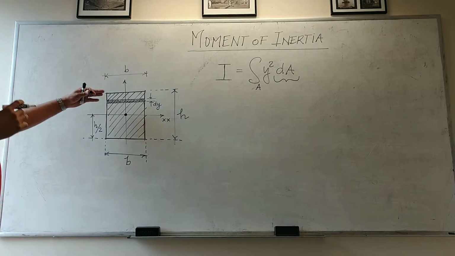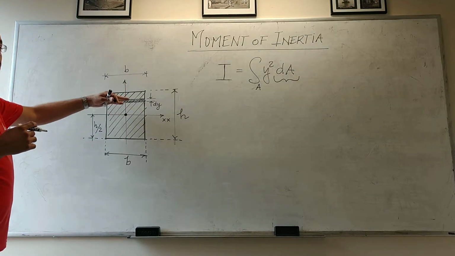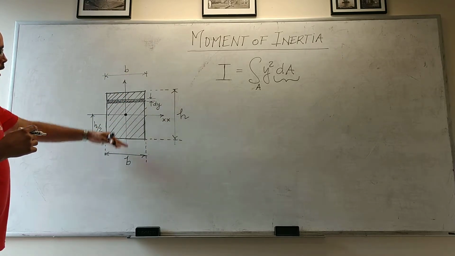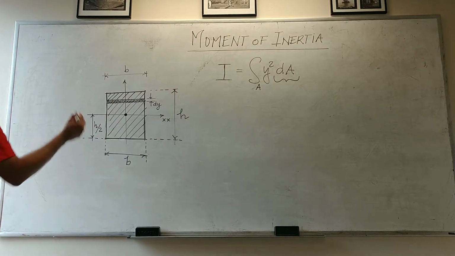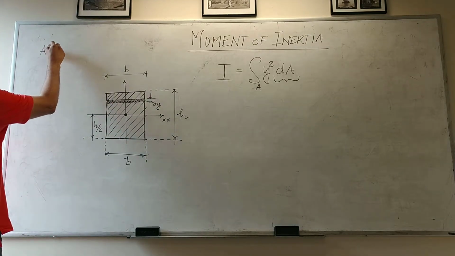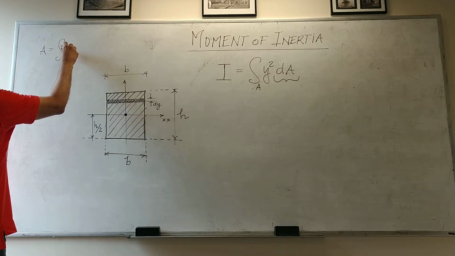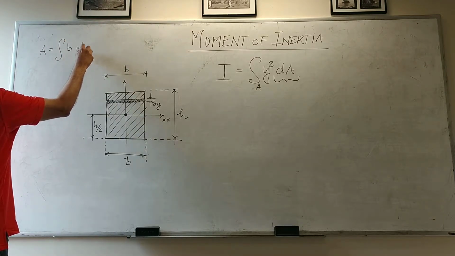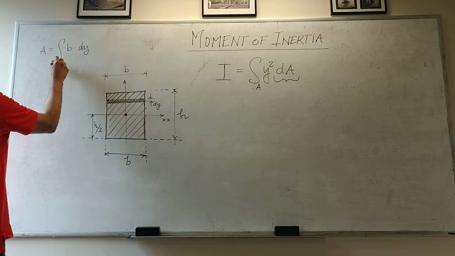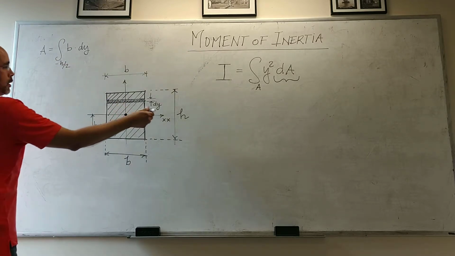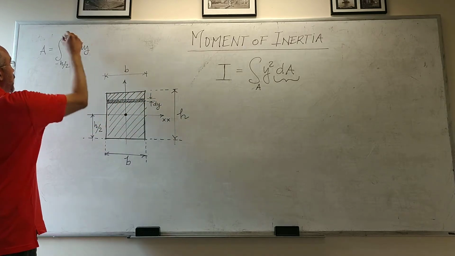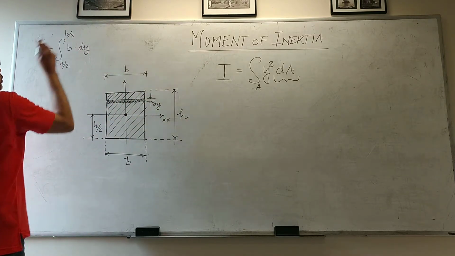Clearly, if we integrate b dy along y, we will get the total area, and that's easy to verify. b dy from minus h over 2 to h over 2.